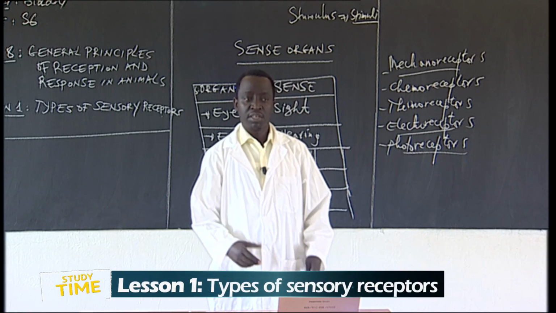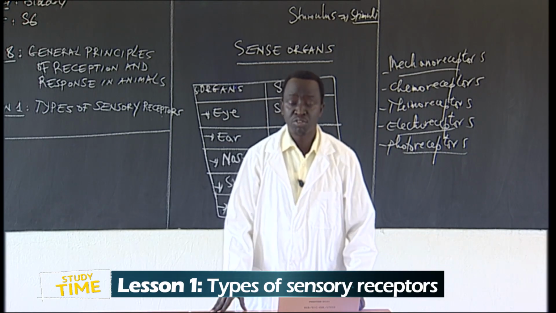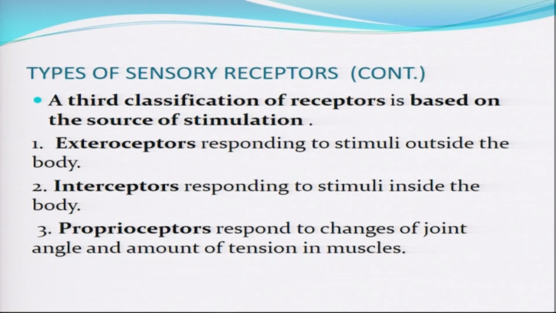We have exteroreceptors, interoreceptors, and proprioceptors. What is the difference? Exteroreceptors respond to stimuli from the outside of the body, like temperature.